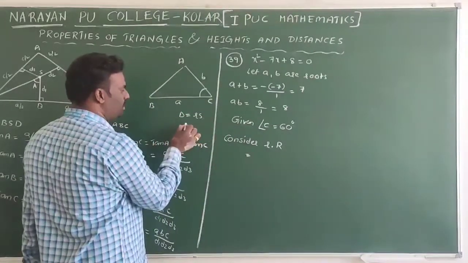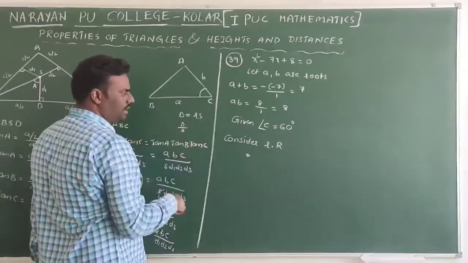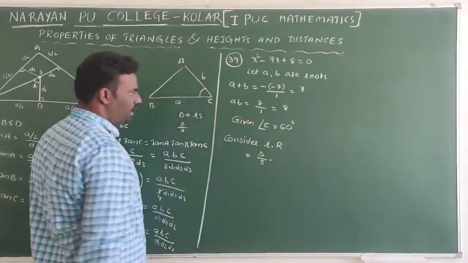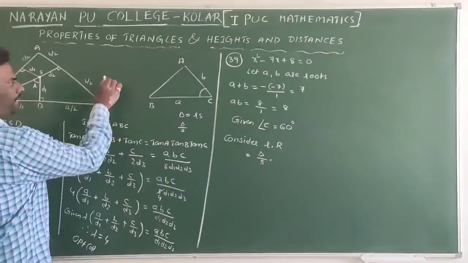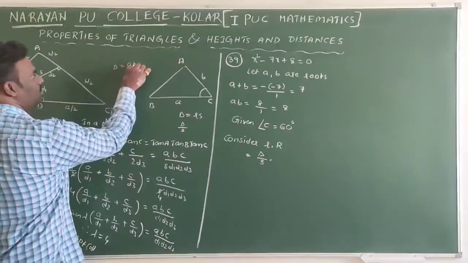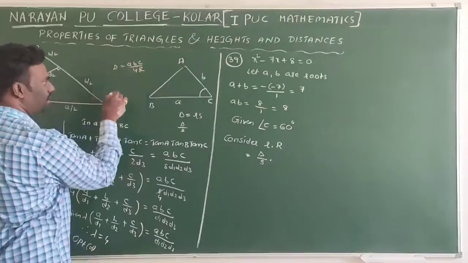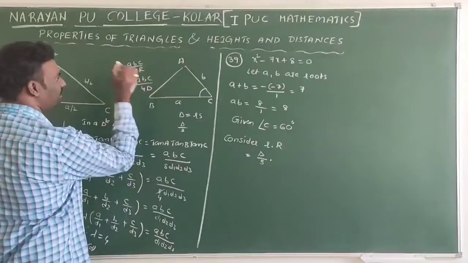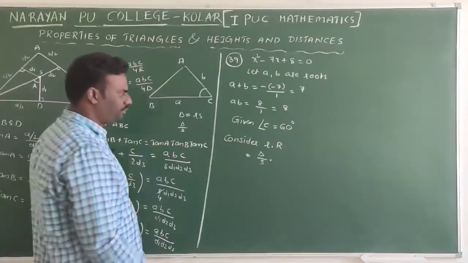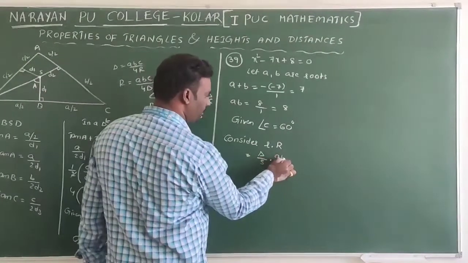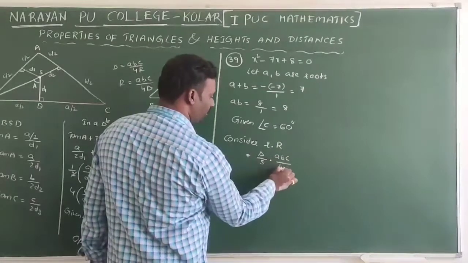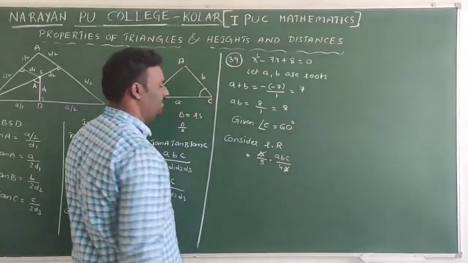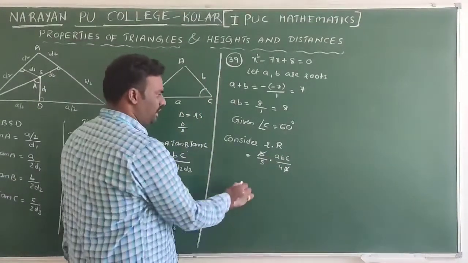Now we can write small r is delta by S. And how to find capital R? Delta equals ABC by 4R, then R equals ABC by 4 delta. Now delta gets cancelled.